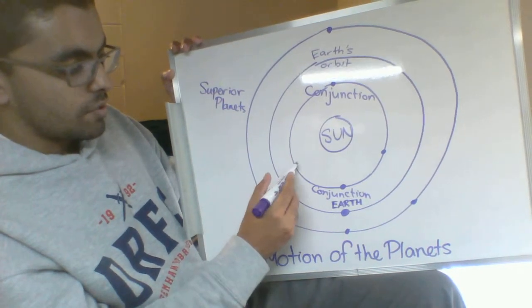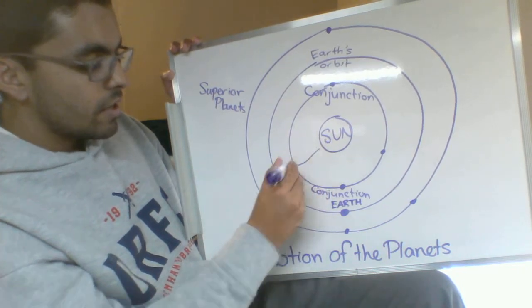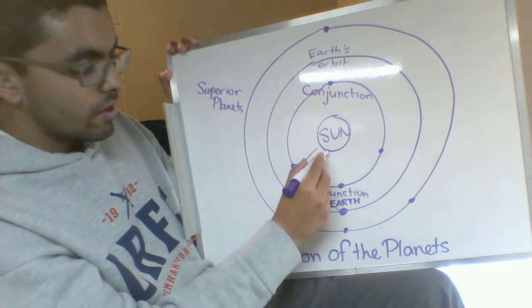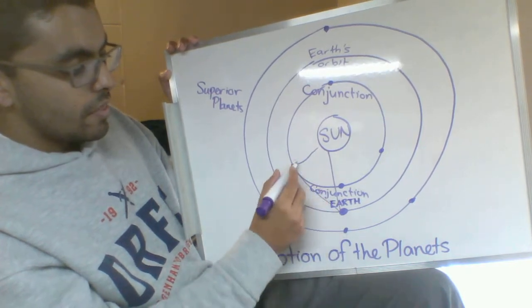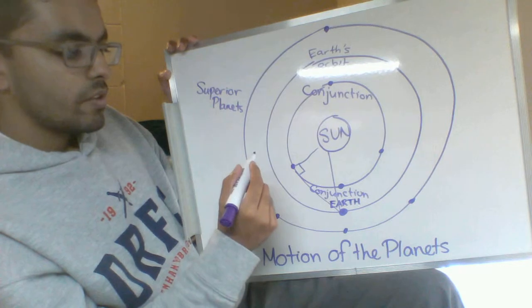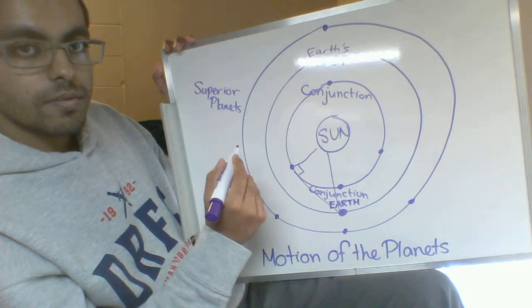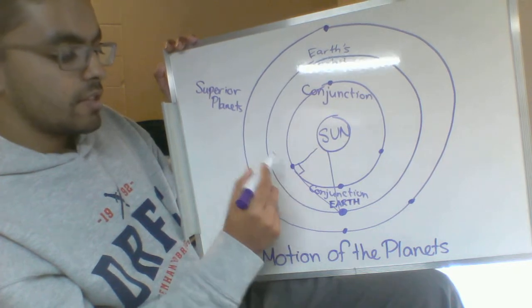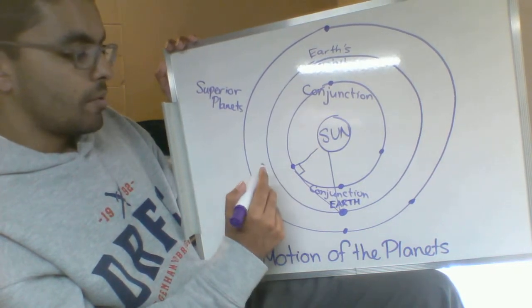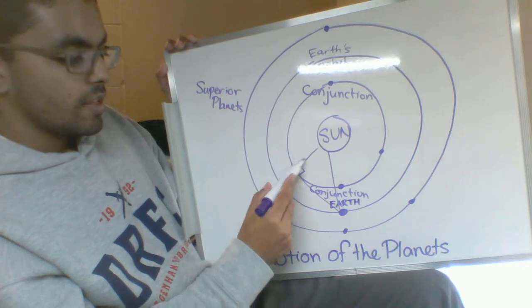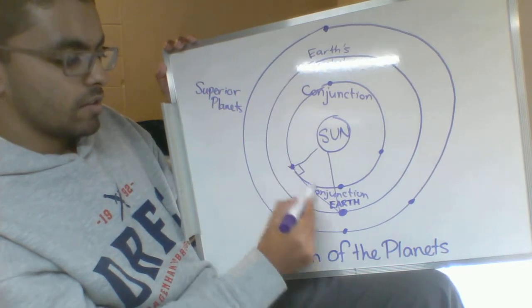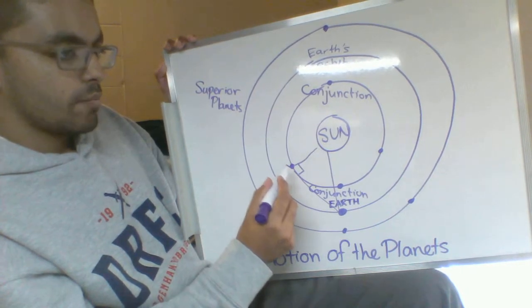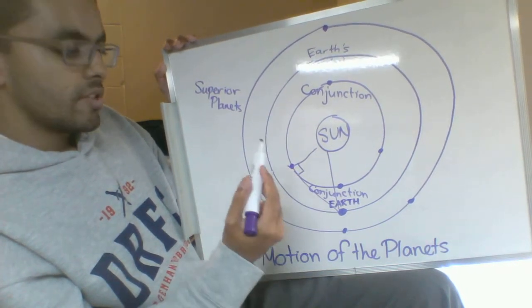Now this next one is a little bit more complicated. This special place right here, where the sun, the planet, let's say Venus, and Earth, if you drew a triangle, this angle right here is 90 degrees. When this angle is a right angle, you're going to have to take my word on this one, that's the farthest you're ever going to see that planet appear to be from the sun.